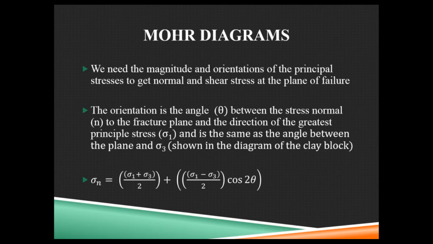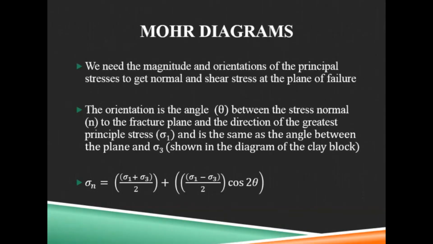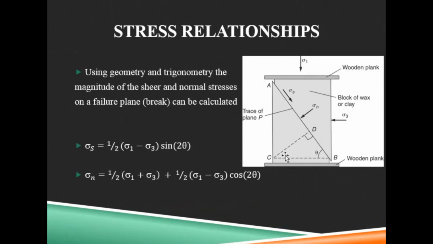Let me back up to the block. Okay, so the angle between sigma 1 coming down and this sigma n is the same as the angle between the failure plane and the sigma 3 direction. So that's theta, and the angle right here between sigma 1 and sigma n is also theta.